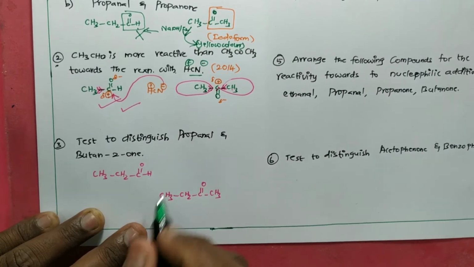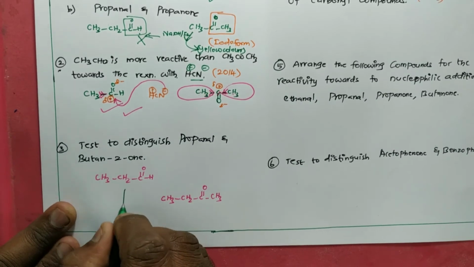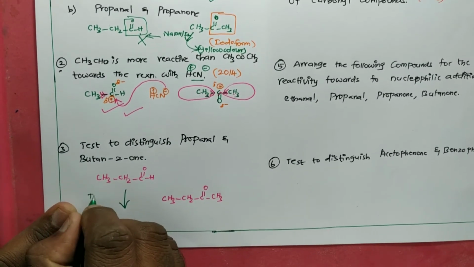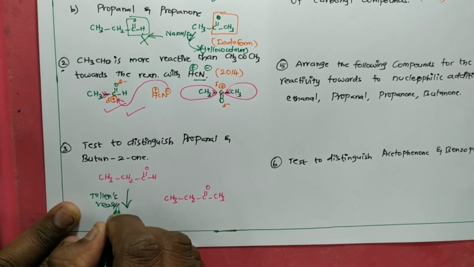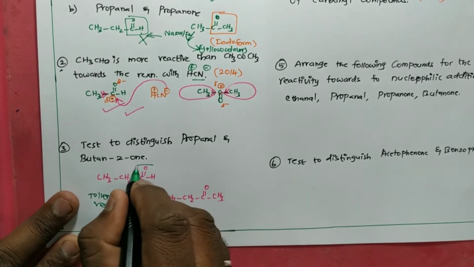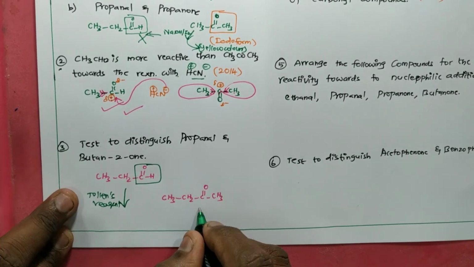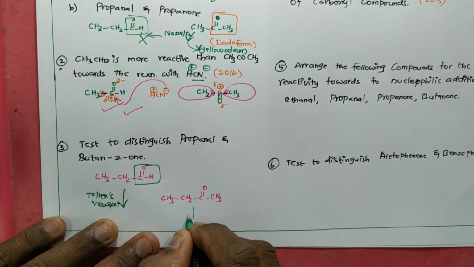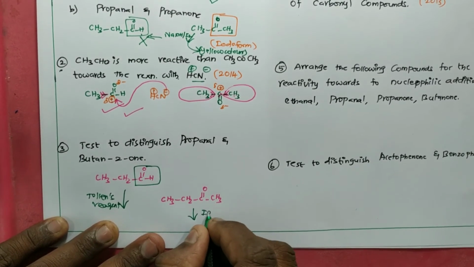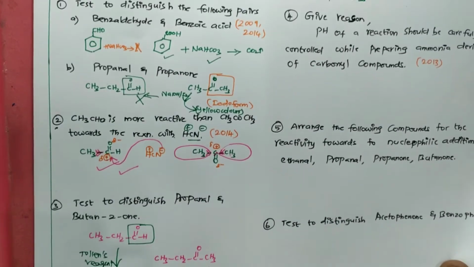As we know, let's use Tollens reagent. Tollens reagent will give the test for aldehyde, which will not respond for ketone. At the same time, we can do other tests like the iodoform test. What is the iodoform test? Let's talk about it in the second question.